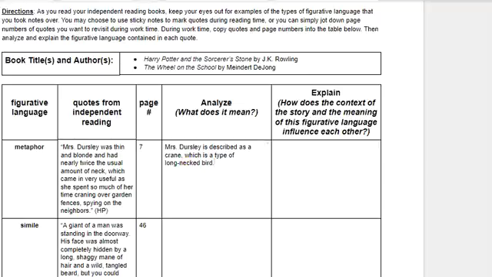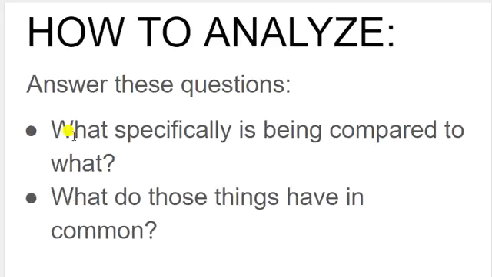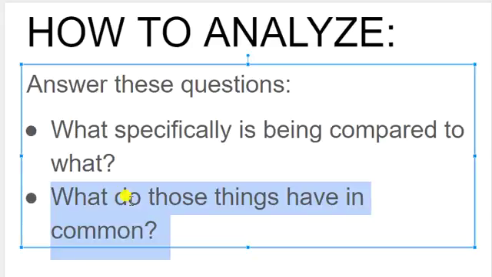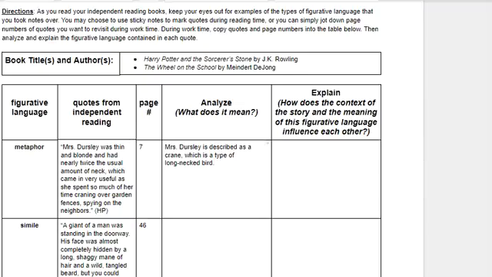So I answered the first question. The second question is, what do these things have in common? So now I have to decide, what do a crane and Mrs. Dursley have in common?